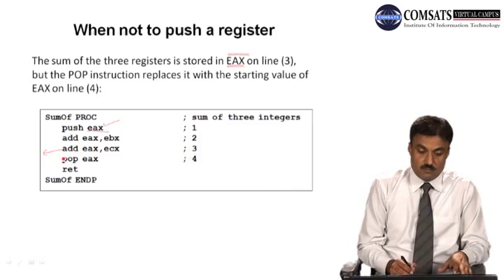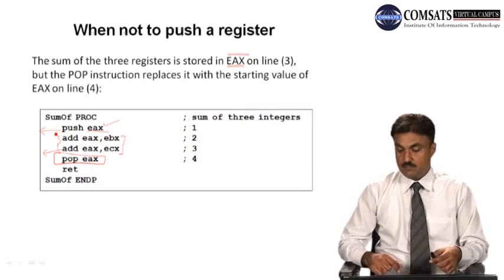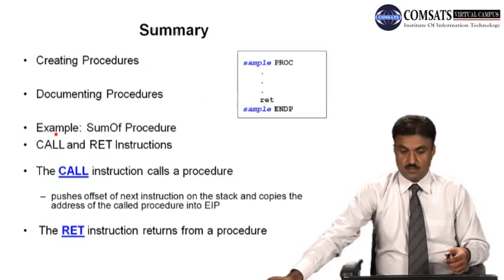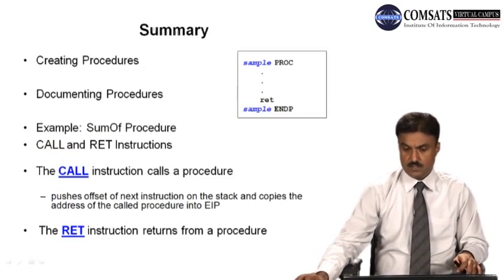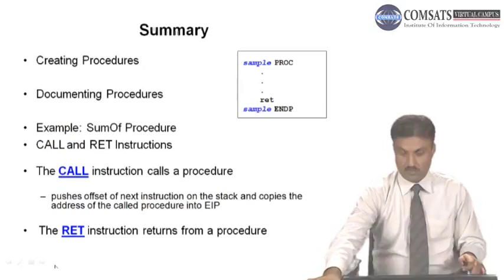And if we perform pop here, it will replace whatever the previous sum value was. It will be replaced by the value before performing this sum. So you have to be very careful about when you can push and when you cannot push. Now, before going to summarize, we will see how we can perform this.